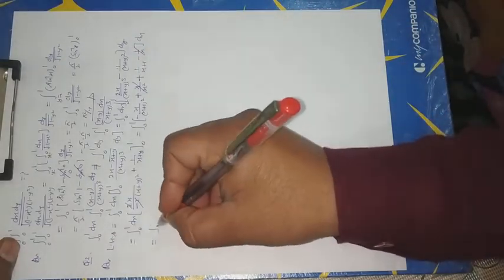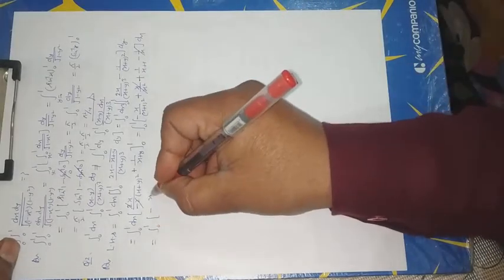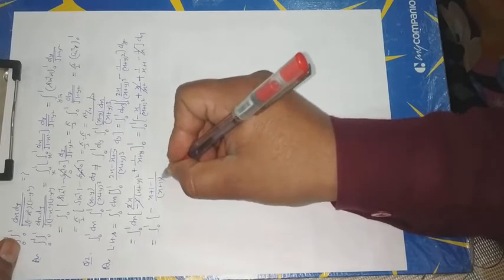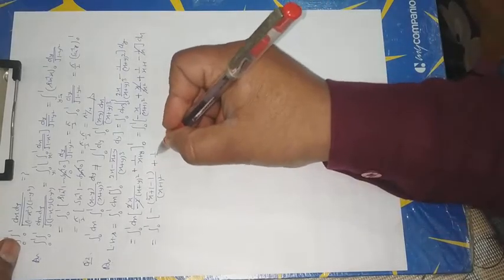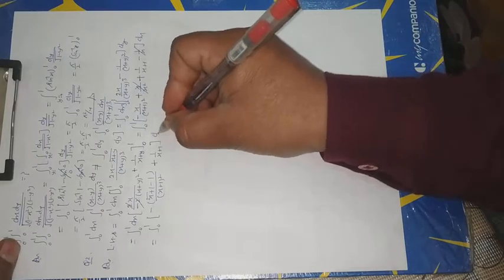Okay, now limit 0 to 1, minus 1 added and 1 subtracted here, x plus 1 whole square, plus 1 upon x plus 1, bracket close dx.